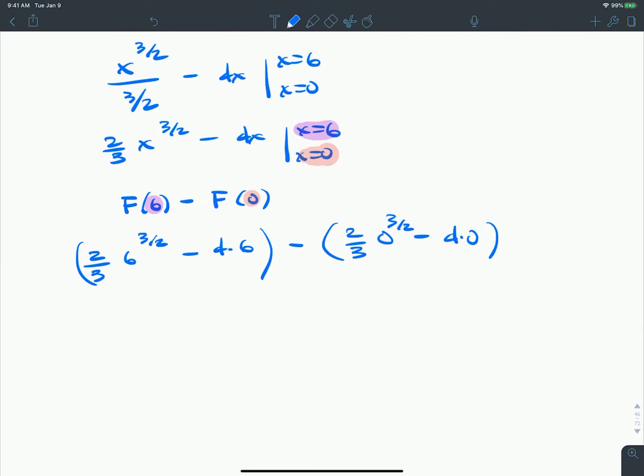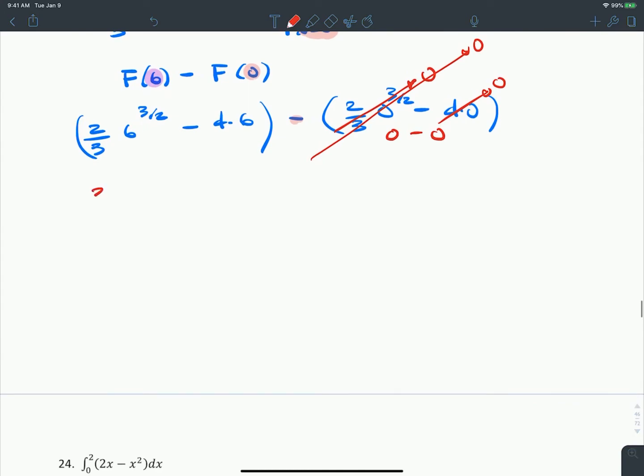And what's nice about this is when you have a 0 limit, this number is going to be 0, because of the arithmetic. 0 to the 3/2 is 0, and 2/3 times 0 is 0. 4 times 0 is 0, and so when I subtract these zeros, that's 0. So really, this portion is all 0. And that's gone.